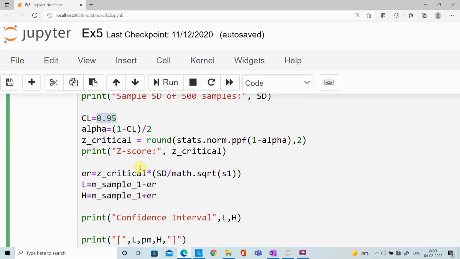And now we are going to calculate the lower level and the upper level. To do that, we need to subtract and add the error. The error is nothing but the critical value or Z score times the standard deviation divided by the square root of our sample size.